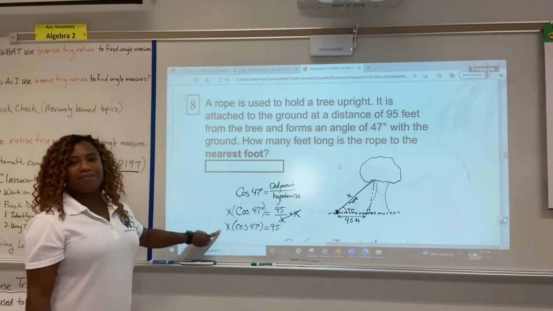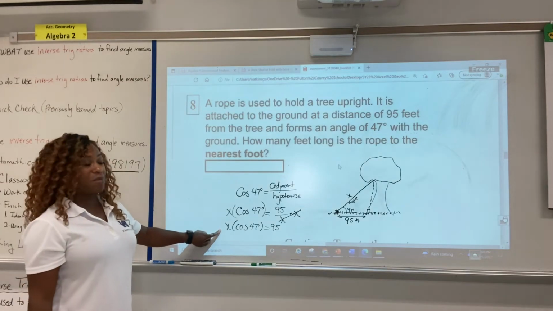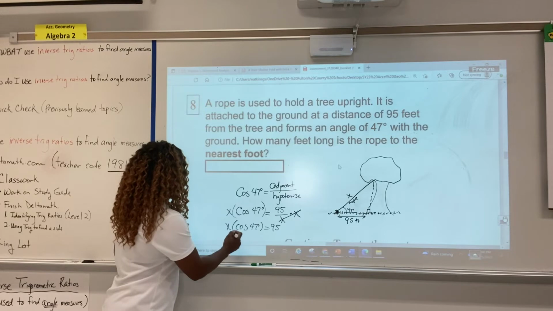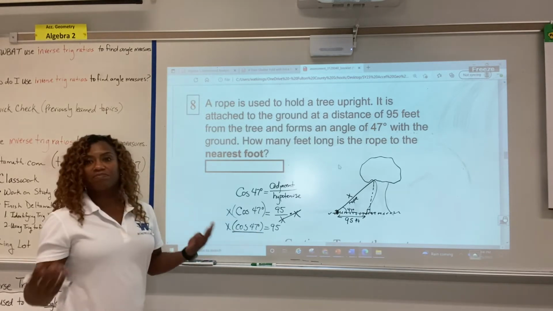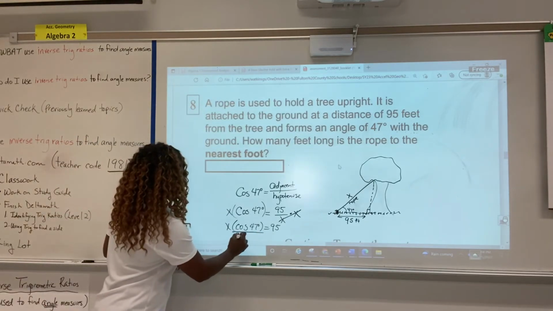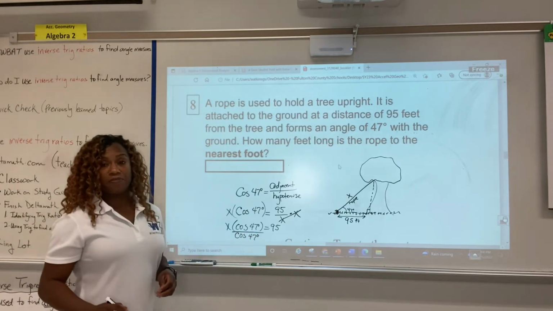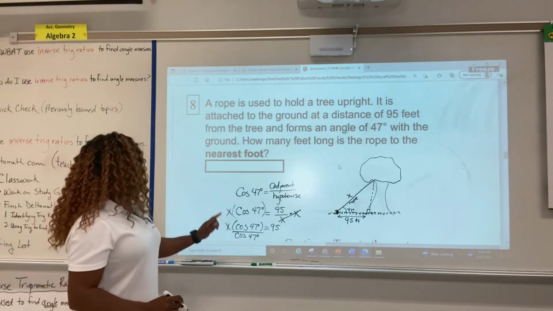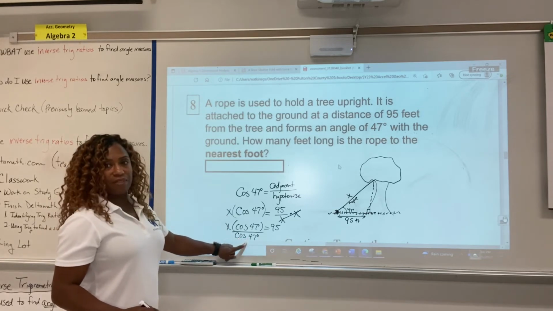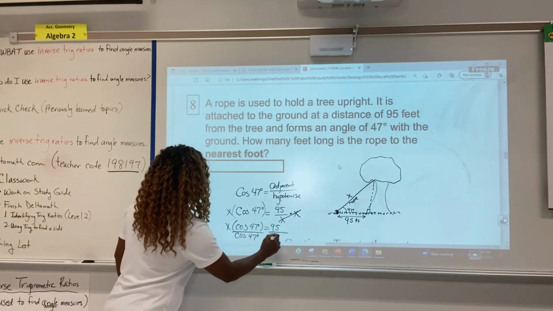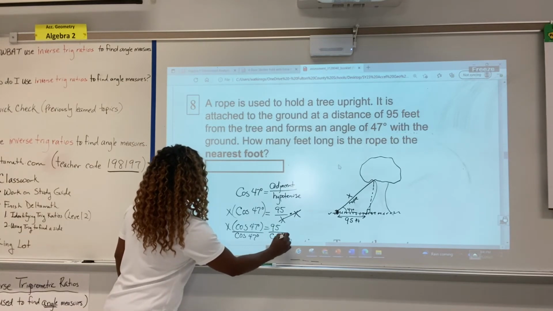So again, I need the variable isolated. I've got to get the x by itself. Now this says x times cosine of 47. What's the inverse of times? Division. And why am I dividing by cosine of 47? Because I want the x by itself, so move whatever's with it. And again, whatever you do to one side of the equal sign in an equation, you do to the other. So I have to do it over here too: cosine 47 degrees.